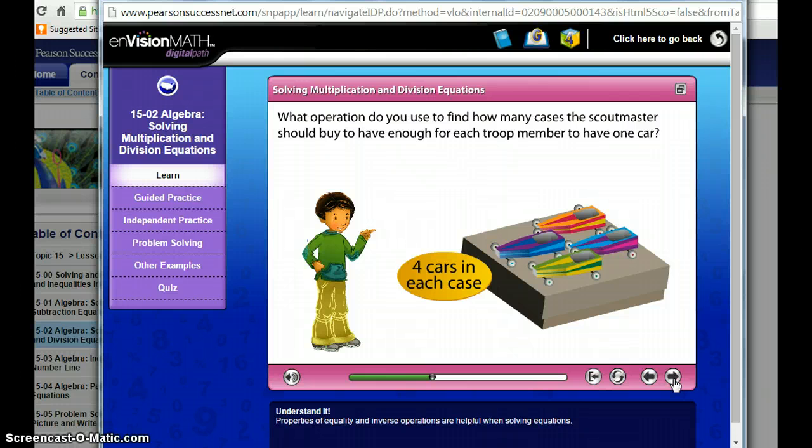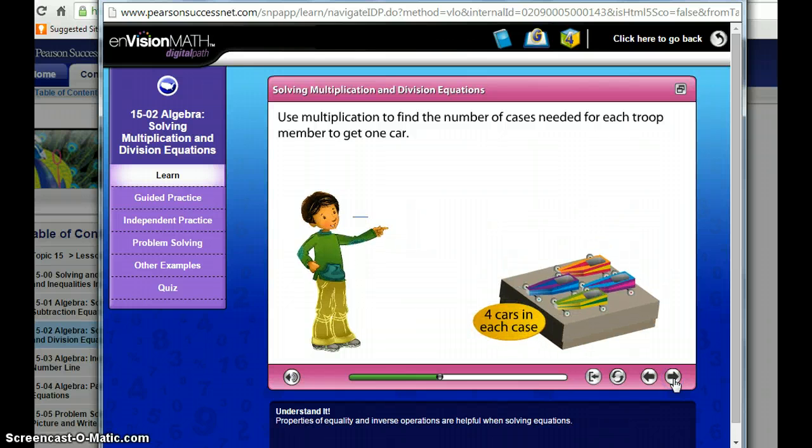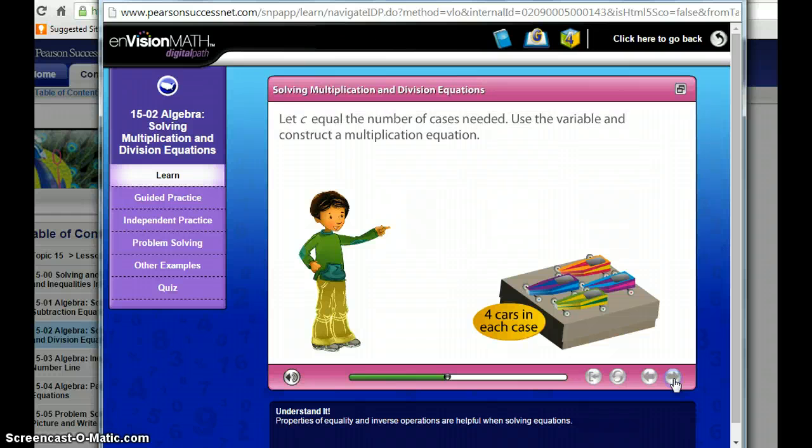What operation do you use to find how many cases the Scoutmaster should buy to have enough for each troop member to have 1 car? Use multiplication to find the number of cases needed for each troop member to get 1 car. Which is what Daniel did. 4C equals 32. Let C equal the number of cases needed. Use the variable and construct a multiplication equation.